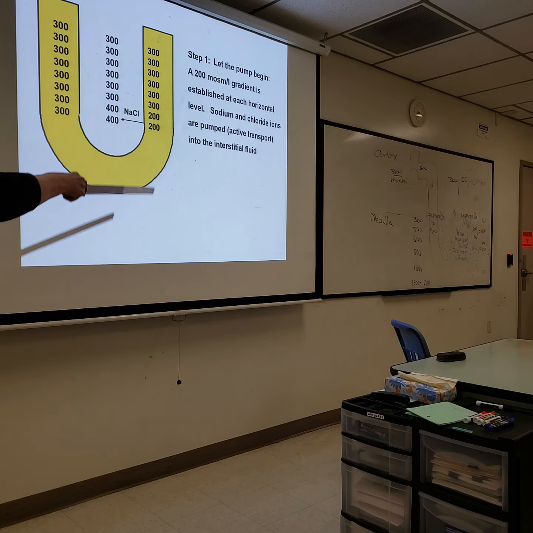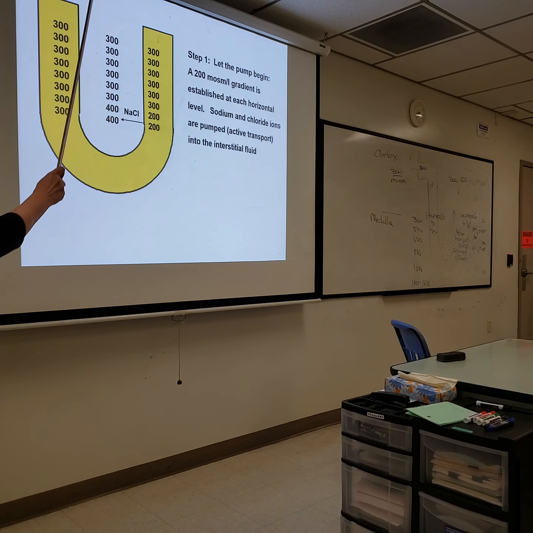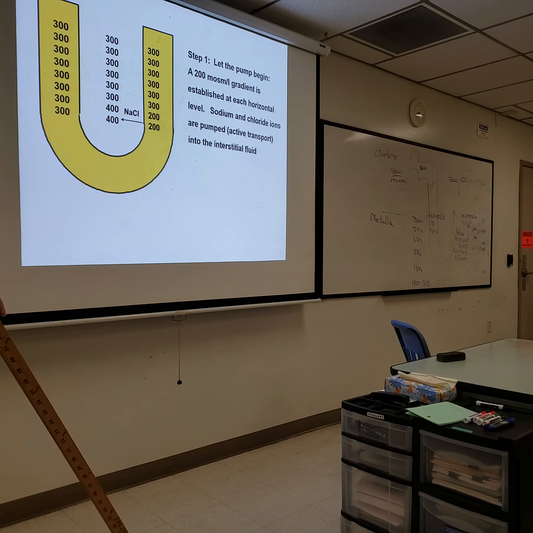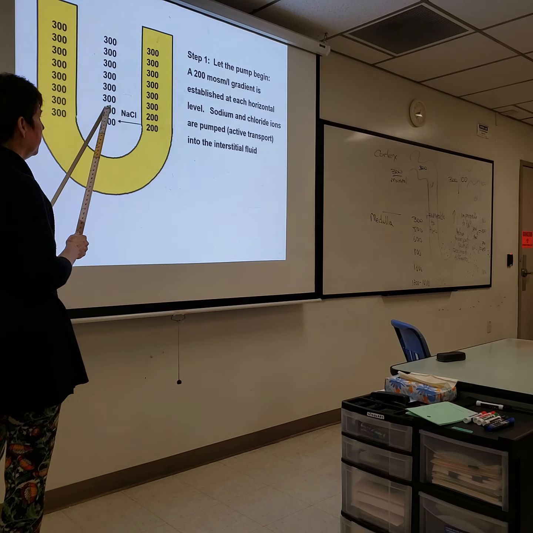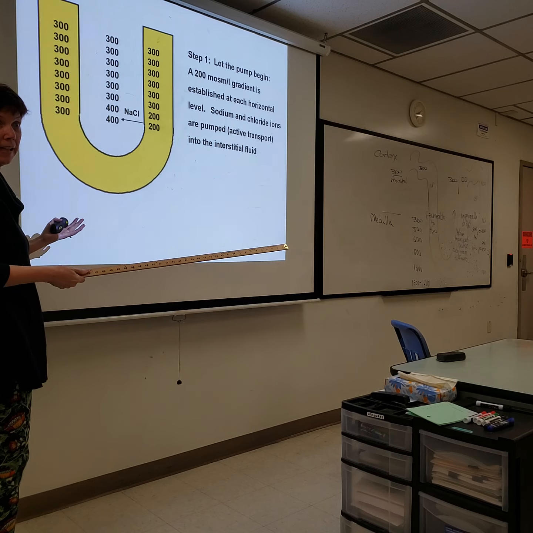So the pumps are in the ascending limb. Now remember I said that was impermeable to water. What would happen if it was permeable to water? The water would leave with it. And we'd still have 300. We'd just lose volume. So if we're pumping out sodium and water could move, both of these would stay 300.